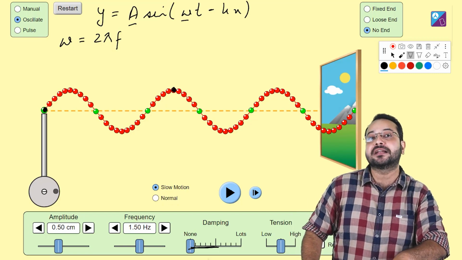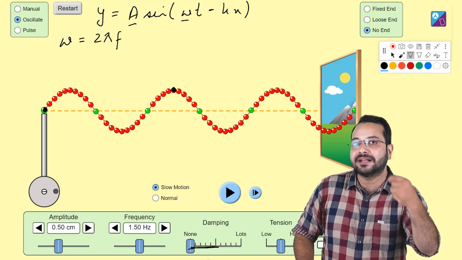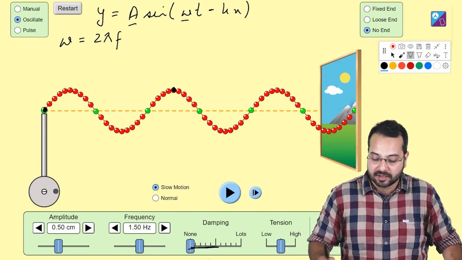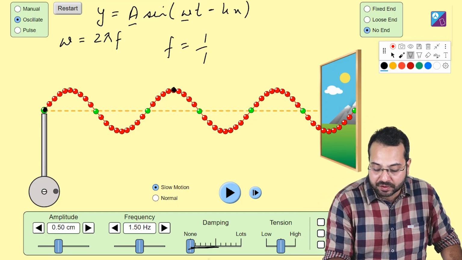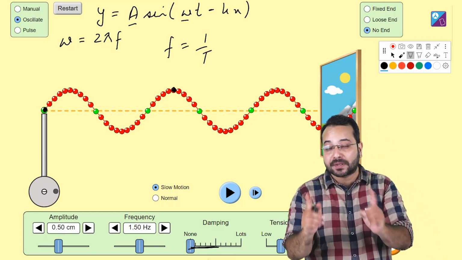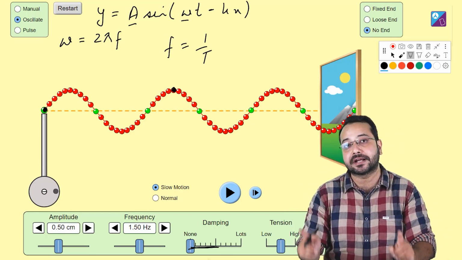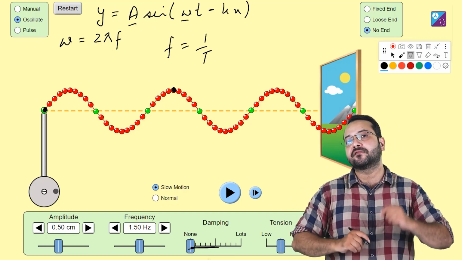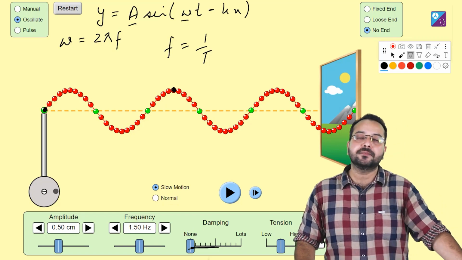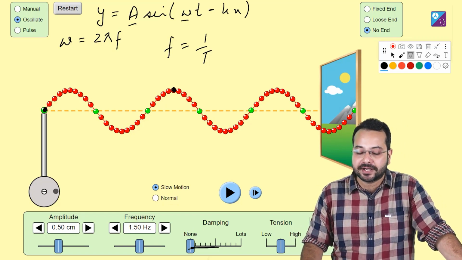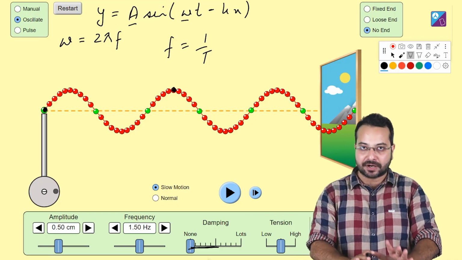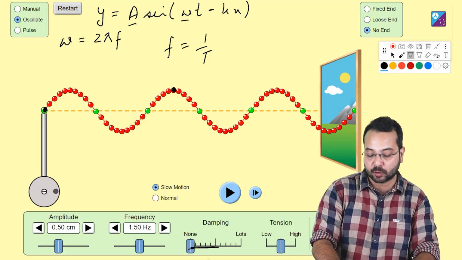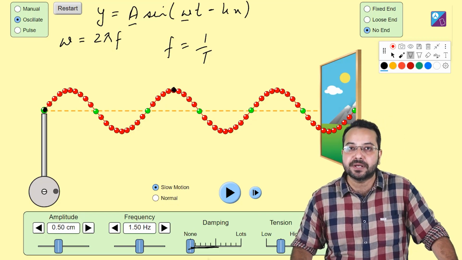It is still dictated by the motion of the left end of the string. And frequency is equal to 1 by time period. So the frequency of the wave is also determined by the frequency of the motion of the left end of the string. Alright, so we have understood what is angular frequency, what is frequency, what is time period.